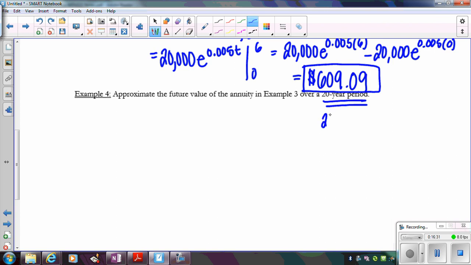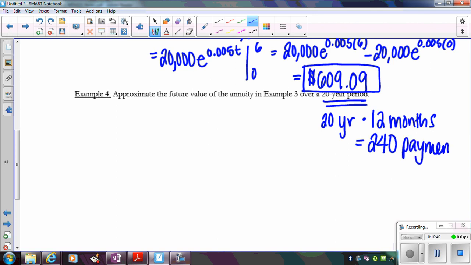So if we have 20 years times 12 months in a year, that means there's going to be 240 payments. So that tells us there's 240 total payments. So again, this is another continuous money flow with interest problem.